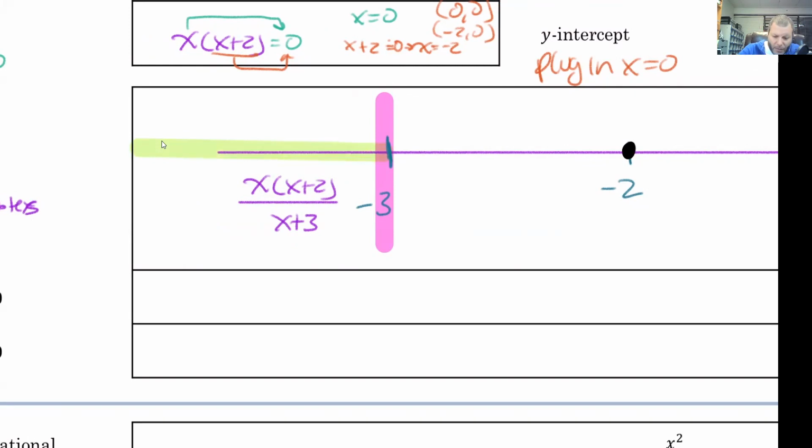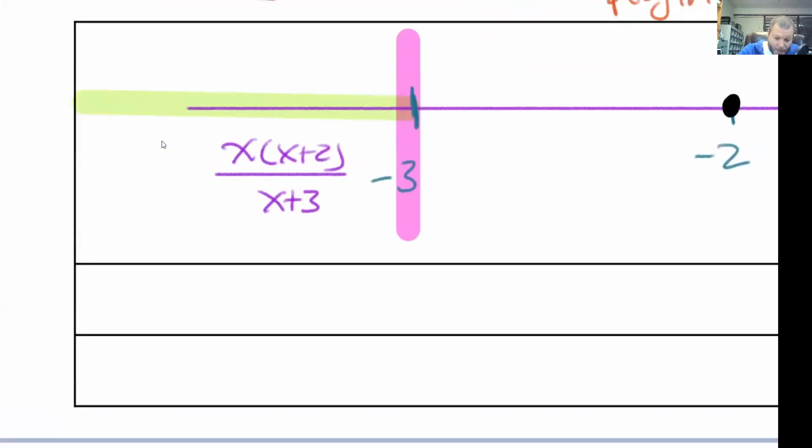Any x value that we choose in that interval is going to work as a good test point. It'll tell us whether the function is positive or negative. So I'm going to plug in -4. Every x value we're just going to replace with -4.